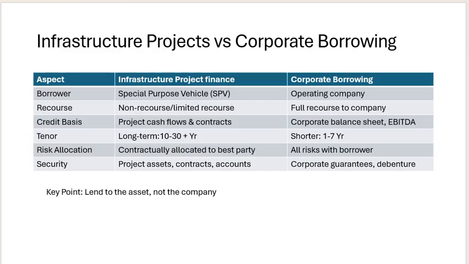The key point is that we lend to the asset, not the company. In infrastructure finance, we lend the money for the asset, so we need to do the valuation of that asset in the future. We need to calculate the depreciation and appreciation of the asset and how much revenue will be generated by it. That asset is the most important in infrastructure financing, not the company.